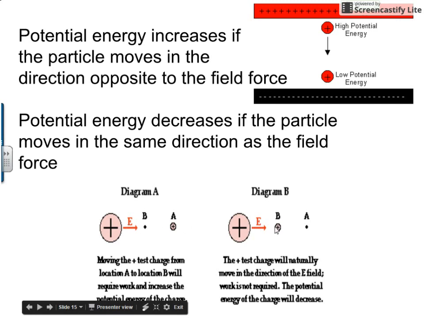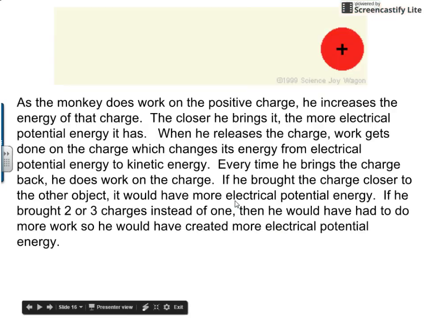If it starts at B and we move it to A, it's going to have less electrical potential energy because we are moving the positive charge here at B further away from the big positive charge, which is what it wants to do. It wants to get away from it. Remember, those like charges repel. So if it's doing what it wants to do, low potential energy. If you're forcing it to do what it does not want to do, it's going opposite of that field force. You have high potential energy.